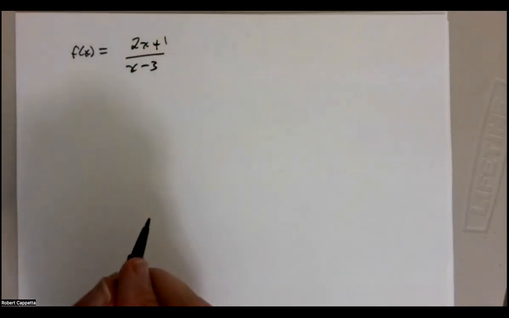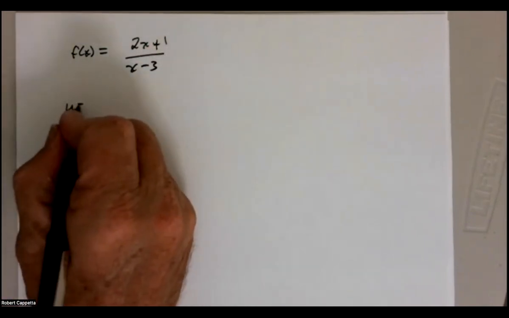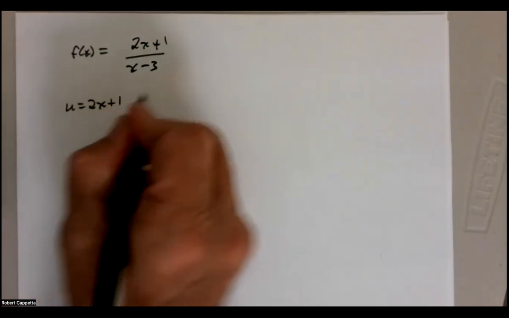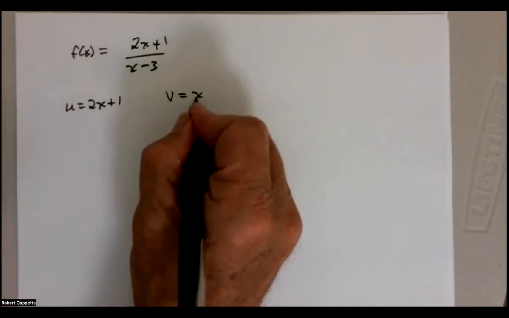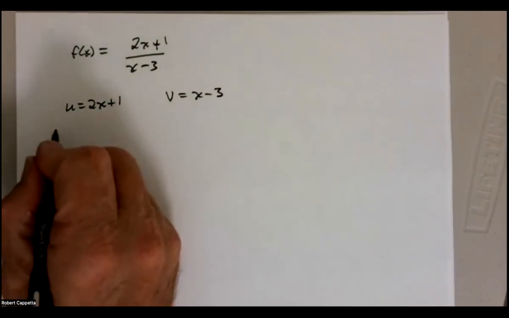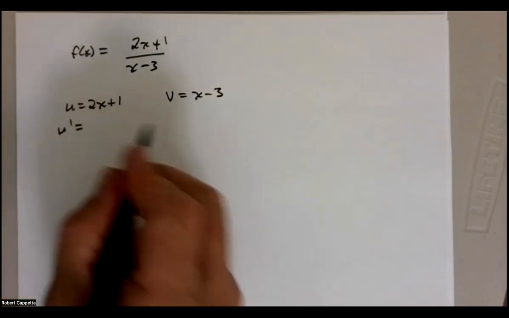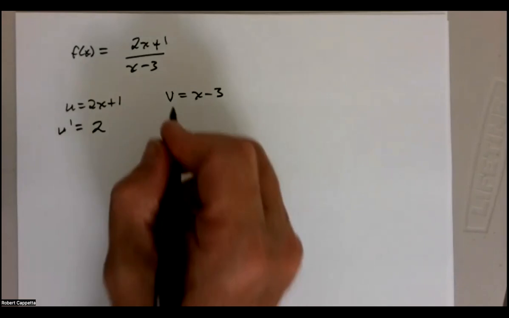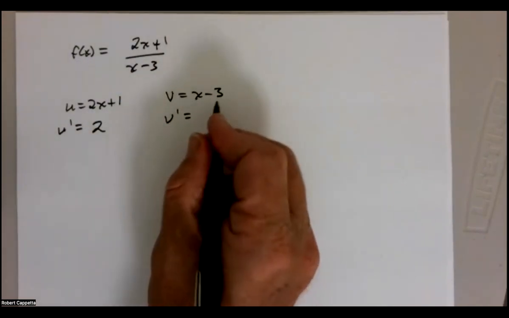I need u and I need v. So u is 2x plus 1. V is x minus 3. U prime, the derivative of 2x plus 1. What's the slope of 2x plus 1? 2. V prime, what's the slope of x minus 3?